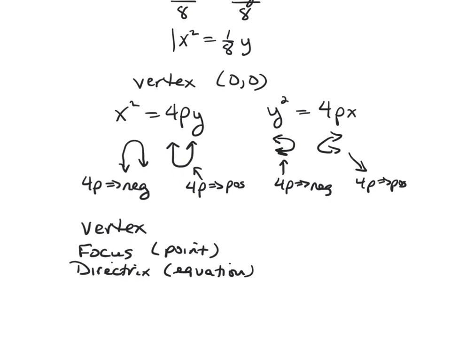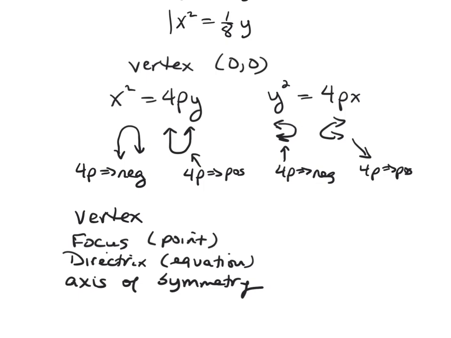You're also going to be finding the axis of symmetry. And then you're also going to be putting on an additional point. And remember, we would use the axis of symmetry to get the third point.